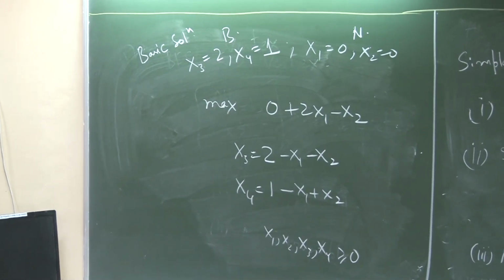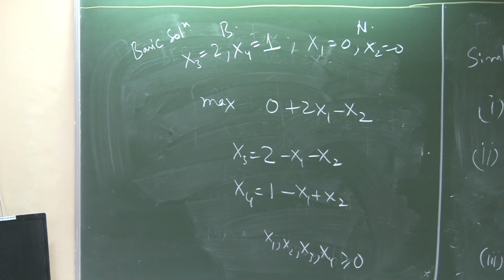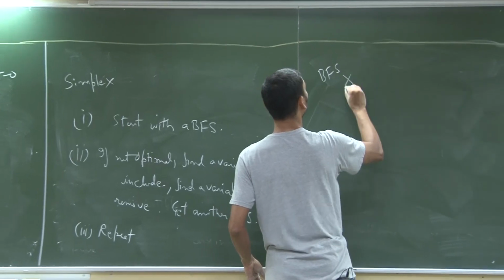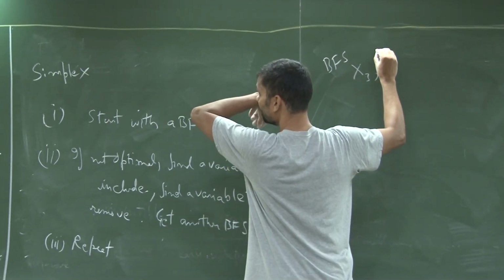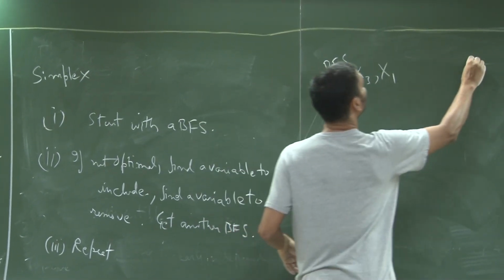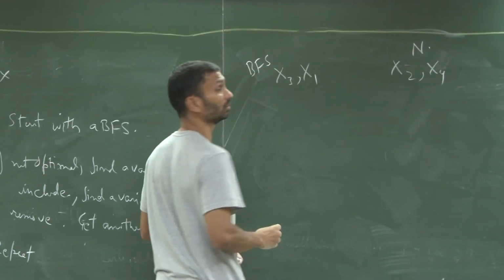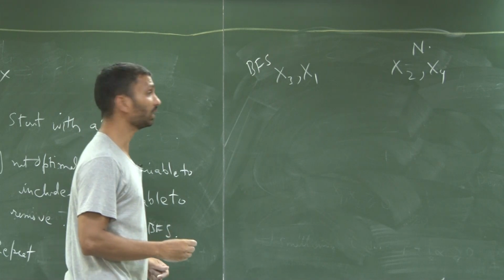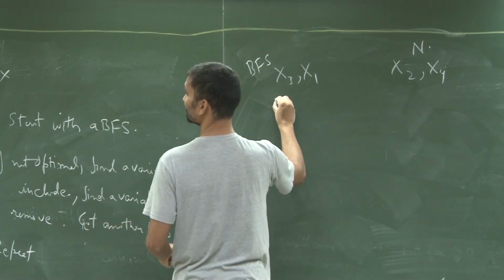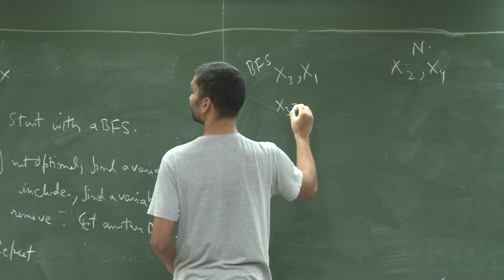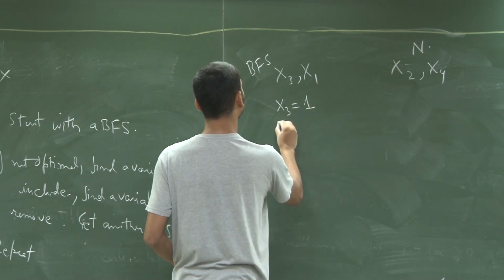What will be my next BFS? Now x3 and what is the other variable now? x1. x2 and x4 are non-basic. Correct? What is the new value of x3? 1.